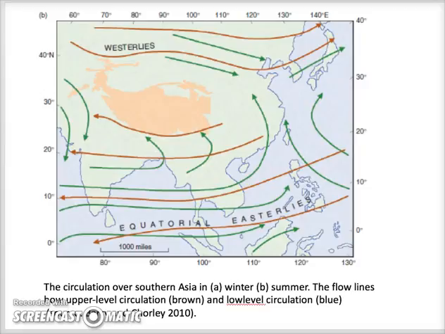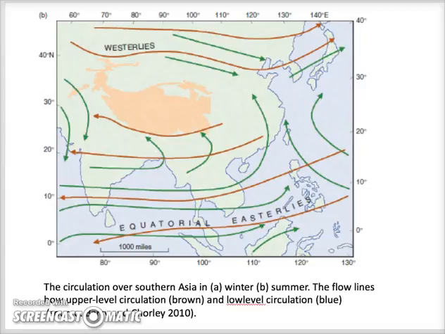The anticyclone gives rise to upper level easterly winds over India and forms the tropical easterly jet stream at around 150 millibar, 13.5 kilometers, at about 15 degrees north.